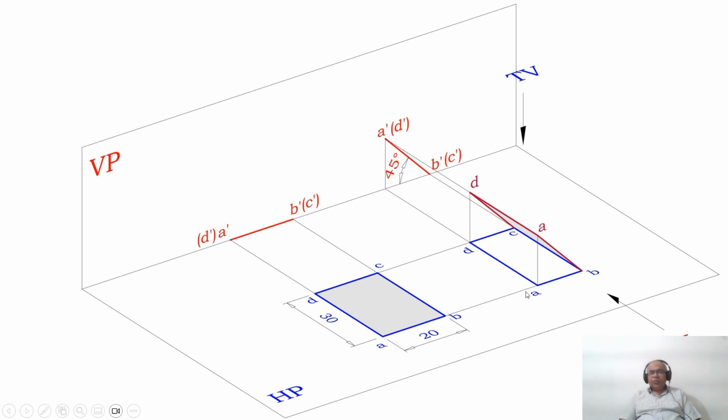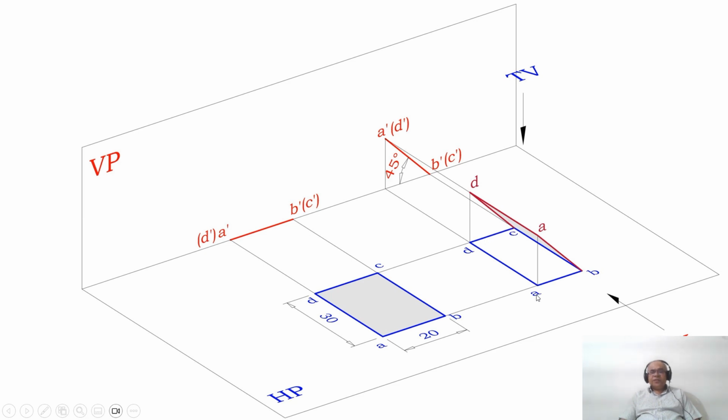So what is going to be the position now? The position is A dash D dash is parallel to HP and B dash C dash is parallel to HP. Therefore, you are getting the true length in the top view. AD and BC both will have the length equal to 30, whereas AB is inclined to HP, so you are getting the apparent length here, and CD is also inclined to HP, therefore you are getting the apparent length here.